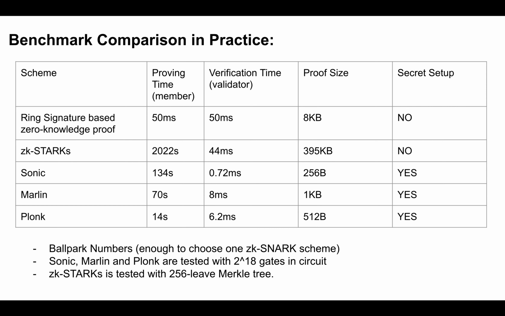Note that these numbers are just ballpark numbers, but it is enough for us to choose the candidate useful for us. We tested Sonic, Marlin, and Plonk with a 2 to the 18 gates circuit, which is large enough. The zk-SNARKs is tested with a 256 leaf Merkle hash tree. You can think in our Zen network, the member needs to run such a long time to generate a zero-knowledge proof, and the validator needs such amount of time to verify a proof.